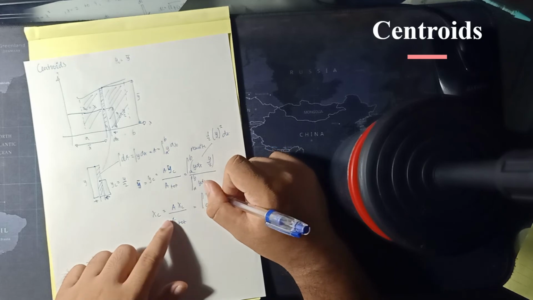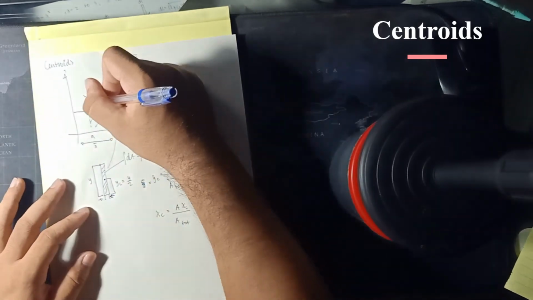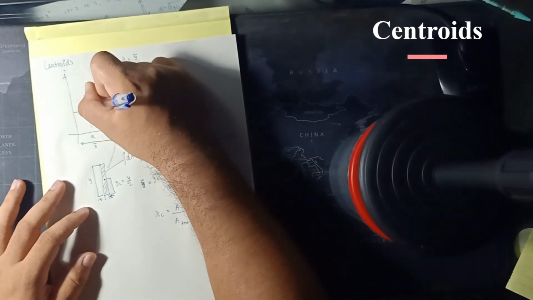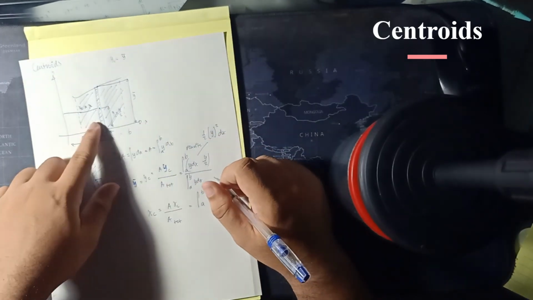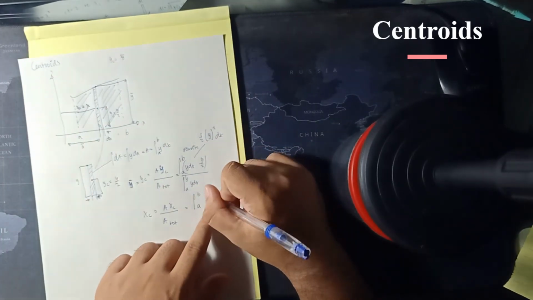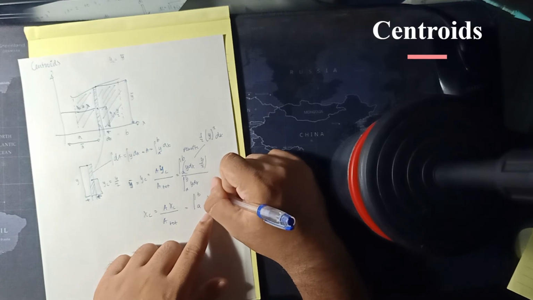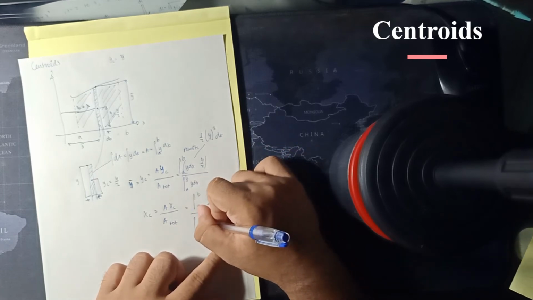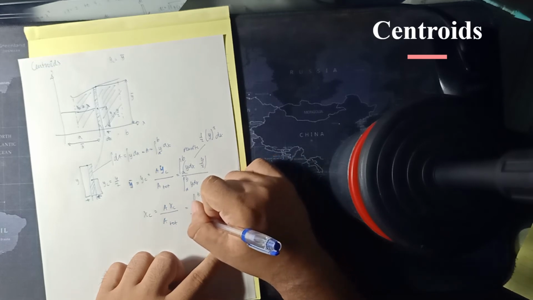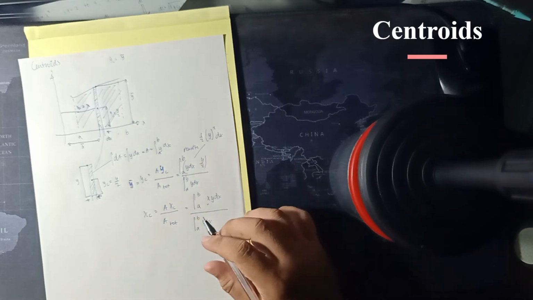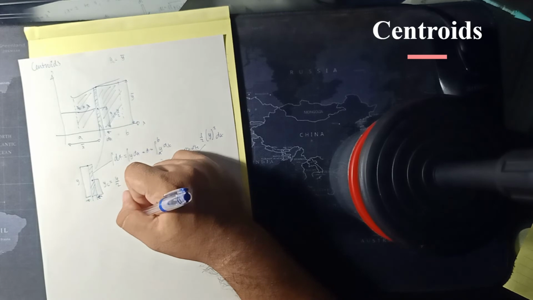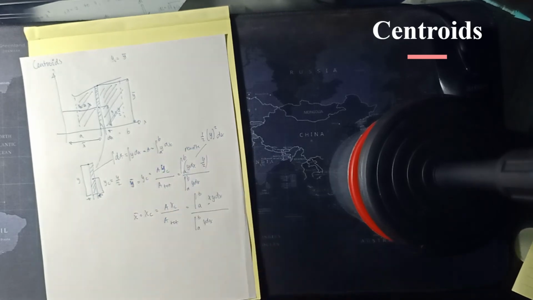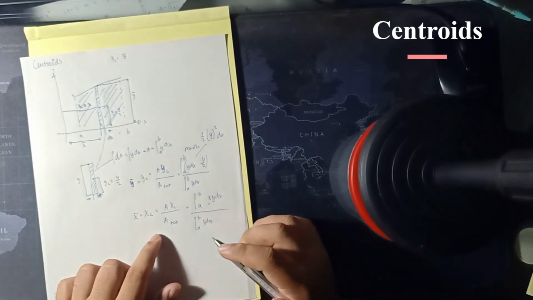Your xc is equal to x, so this would be x y dx over the integral of y dx from a to b. And these are your two important formulas, your xc and your yc.